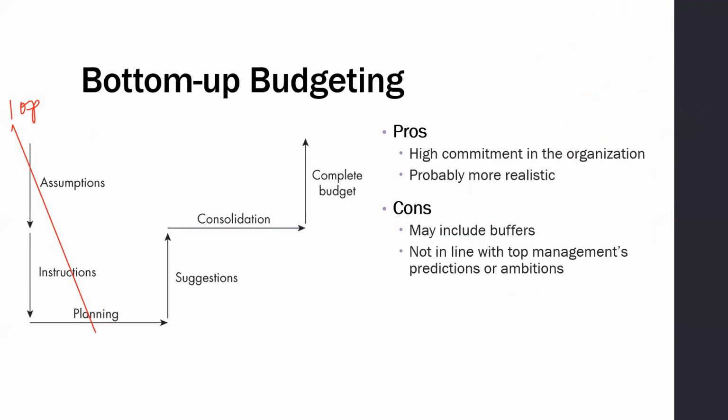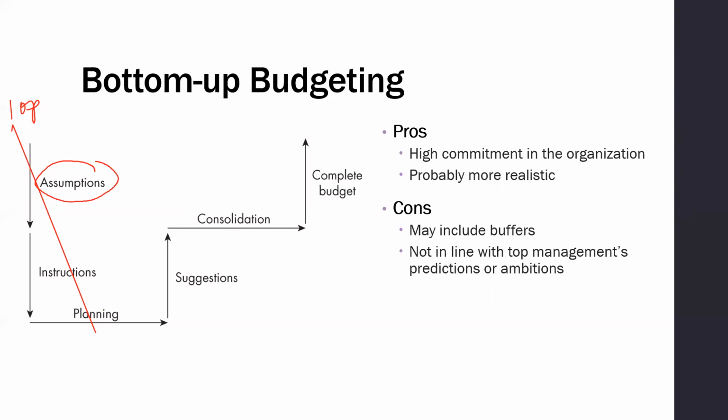Next is bottom-up budgeting. So honestly, what happens here is top management provides the assumptions for budgeting. So for example, ito ang strategy natin. Right? Dahil ito ang strategy natin, so ang i-assume natin, kailangan may expansion abroad, kailangan yung ating base business in the Philippines should be strong and stable.